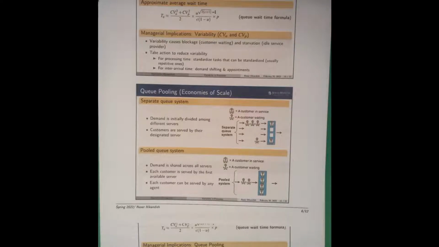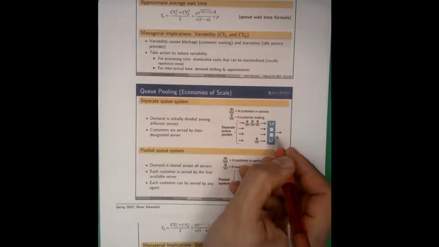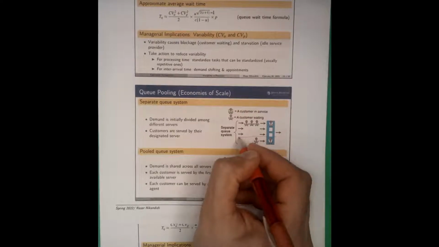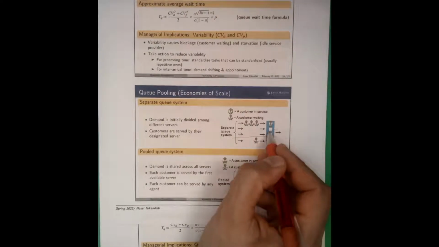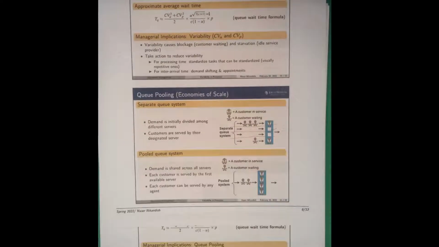Well, in this system, you see that there are 4 servers, and each server or service provider has its own separate line. Just for the sake of being a little bit clear, even dramatic, I'm going to assume that there's a wall between each of these servers, meaning customers in one line don't see the other server situation.